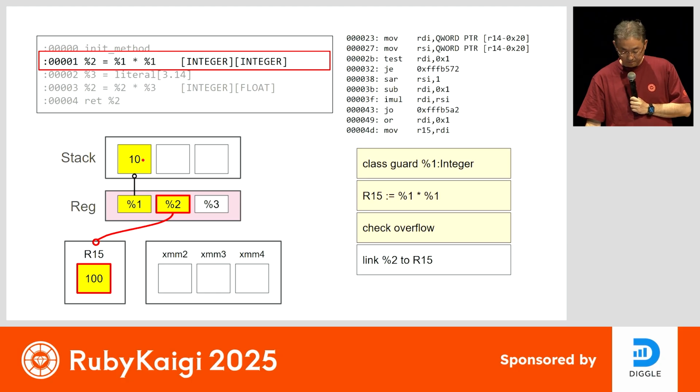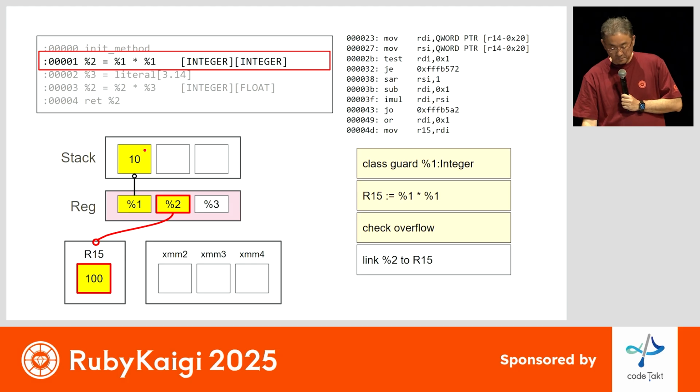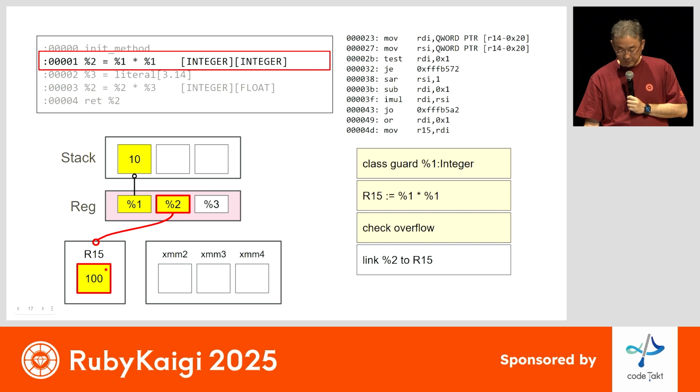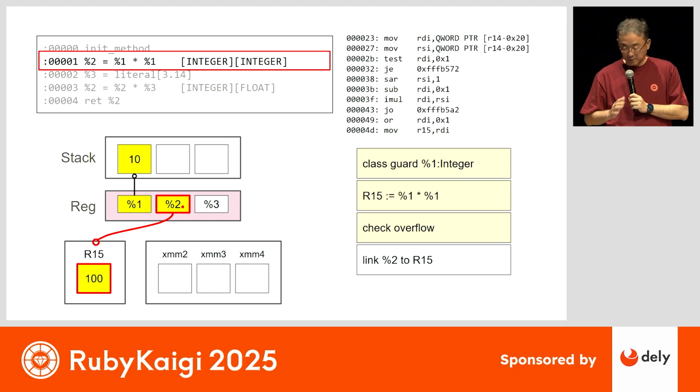We multiply register 1 by itself and get the integer result, stored in the general purpose register R15. So we must check the result. If overflow occurred, we must de-optimize, fall back to the interpreter and do it again. Check the overflow. If no overflow occurs, link register 2 to this R15 register.